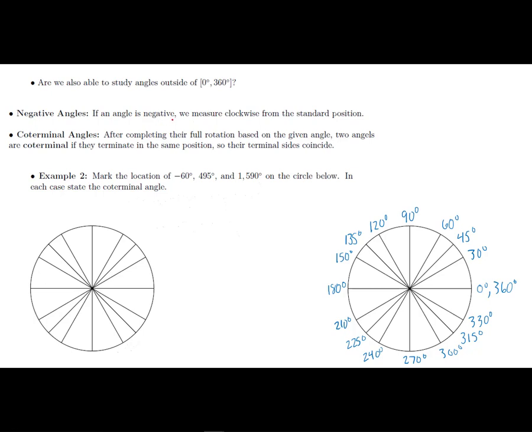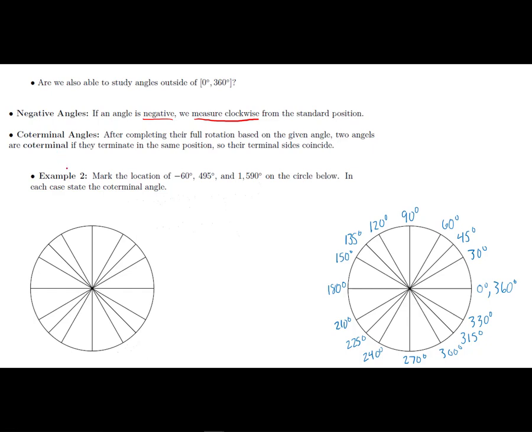So first of all, let's just remember that a negative angle is going to be when we measure clockwise from standard position instead of counterclockwise. Okay. And then the other definition that we need here is that of coterminal angles. So coterminal angles are ones that terminate in the exact same place on the circle, even though they're different values.